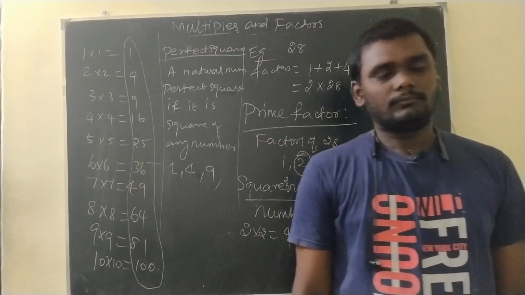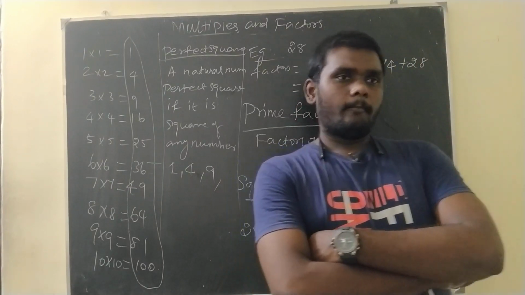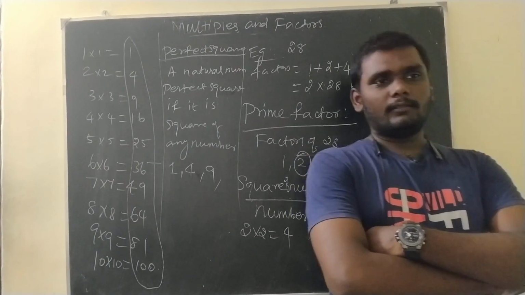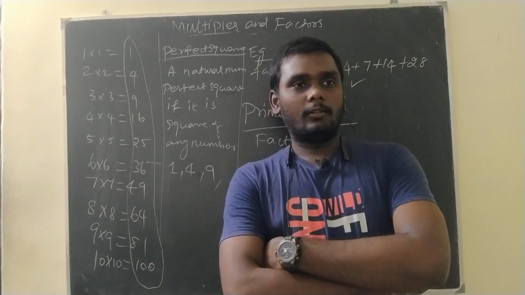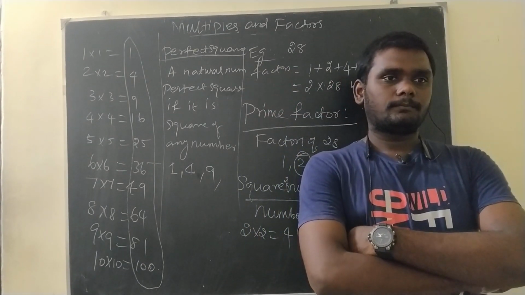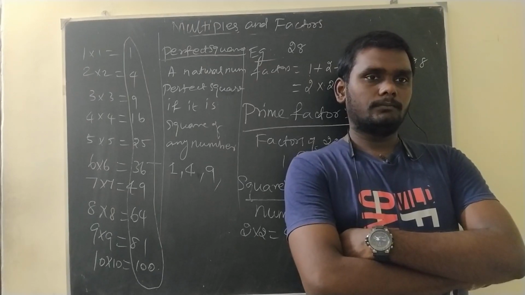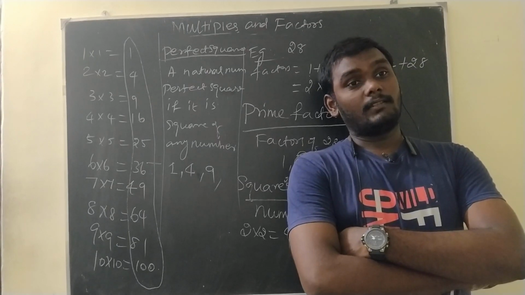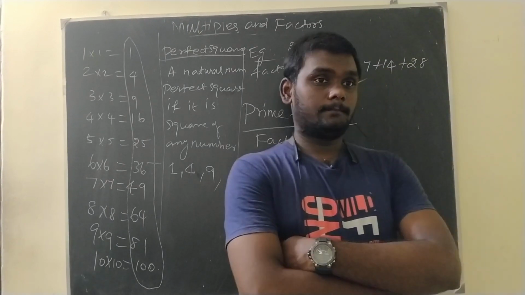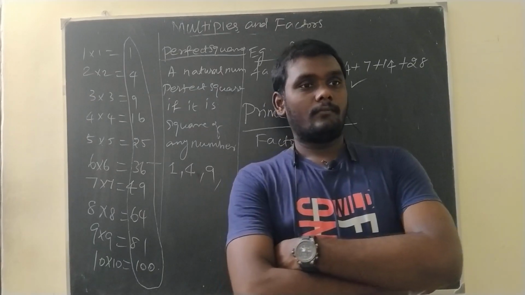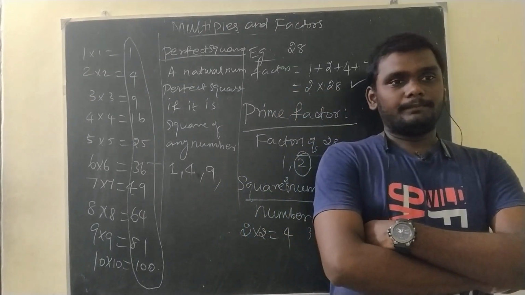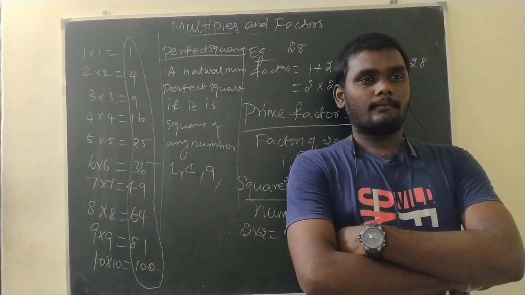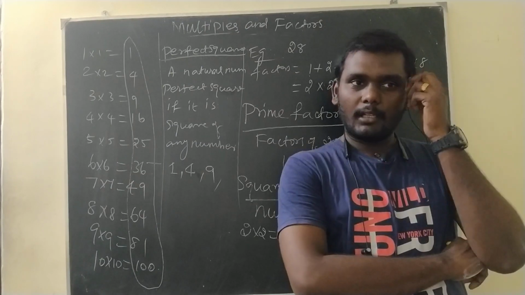Okay. What about 3 and 14? Are they co-prime? 3 and 14 are co-prime. 5 and 22, are they co-prime? Think well and answer. 3 and 12, are they co-prime? No, it is not. 4 and 32, are they co-prime?